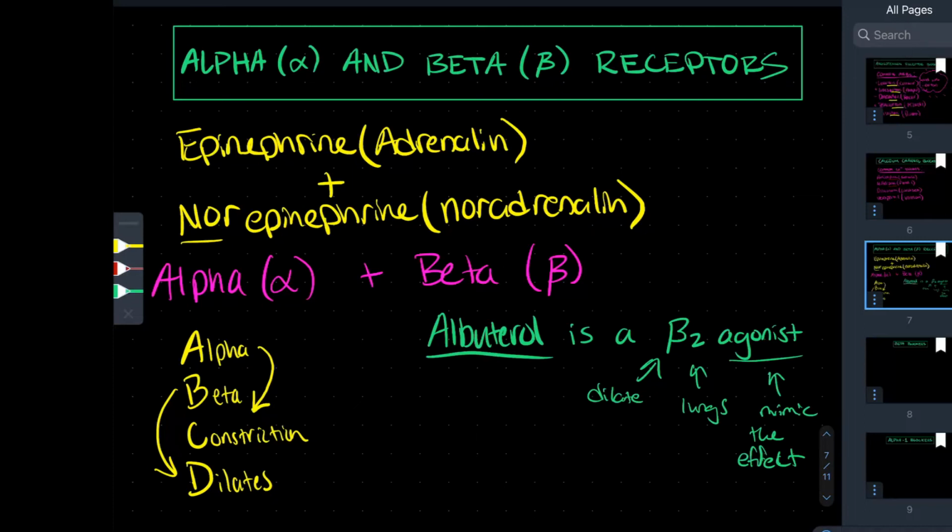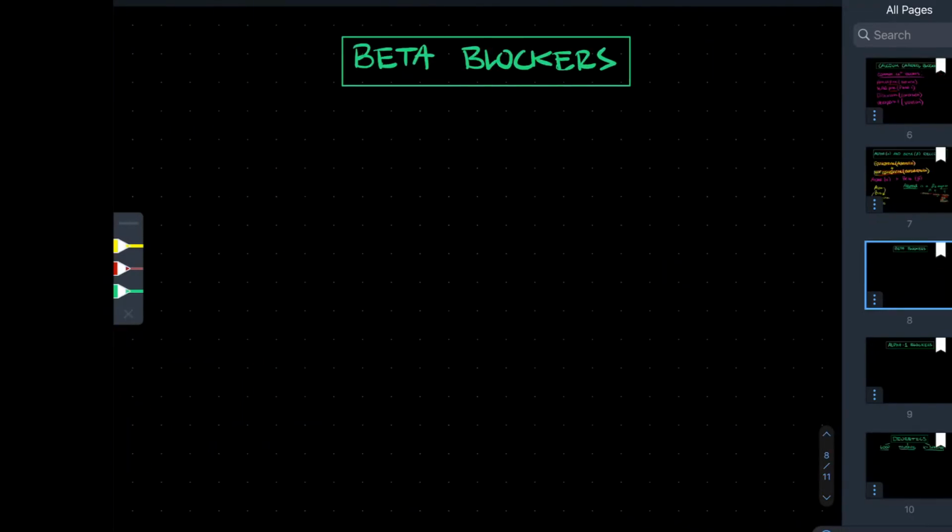This is just a good example, a really nice way to start it off. So albuterol is a beta 2 agonist, which means it will dilate the lungs, mimicking the effect of epinephrine and norepinephrine. Now that we know that, we can go into the next 2 classes of medications.